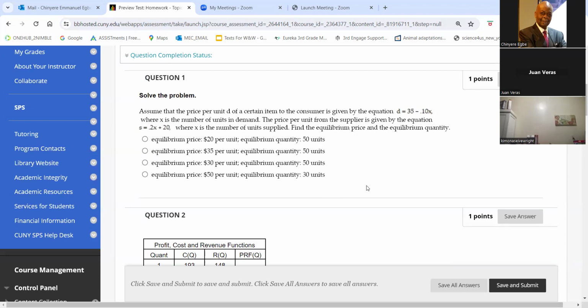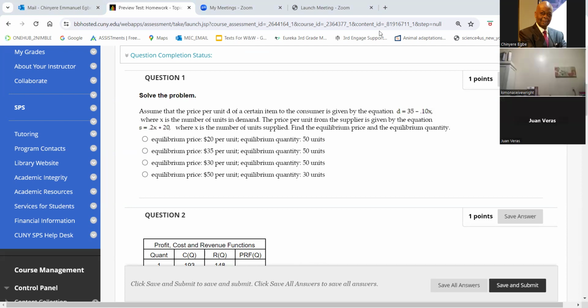What I'm going to do is, let me see if I can get the whiteboard here. We're going to be able to use the whiteboard that way.